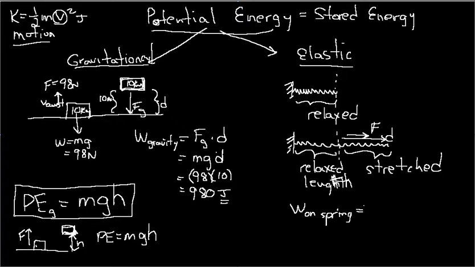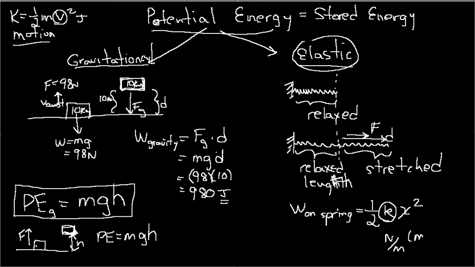In this case, when we're talking about work done on the spring, there's a special formula for it, all right? And that formula has to do with the potential energy. The elastic potential energy of the spring is 1/2 K, constant K, times X squared, where K is a constant that's unique to the spring you're talking about, and I believe K is going to be in units of newtons per meter, because X is going to be in units of meters, so you're going to have meters squared.